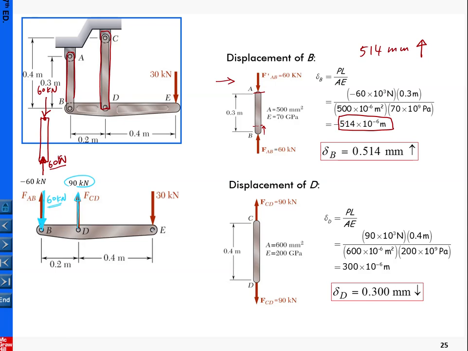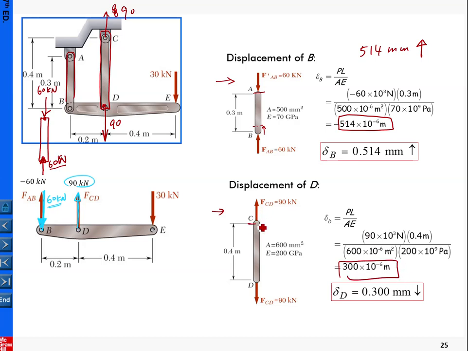Here we take the free body diagram, again at pin D. Those are the actual reactions, with the same magnitude but opposite direction, because in this free body diagram point D is pointing upward, this one is pointing downward, so that is 90. Also on the top here is the actual reaction, which is 90. Then we have this calculation of the magnitude.